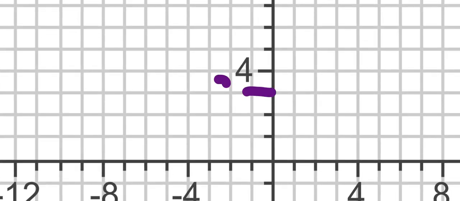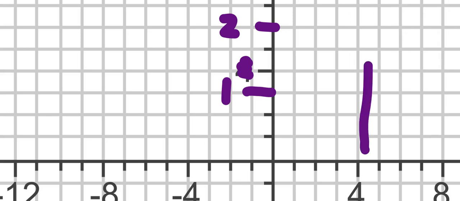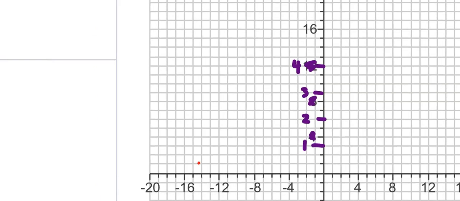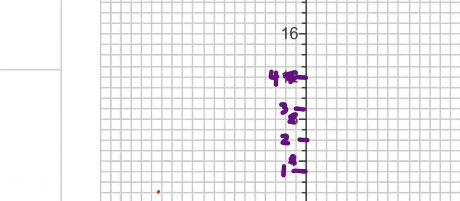Every 3 blocks is worth 1. Graph it. If you change that scale, graph it.